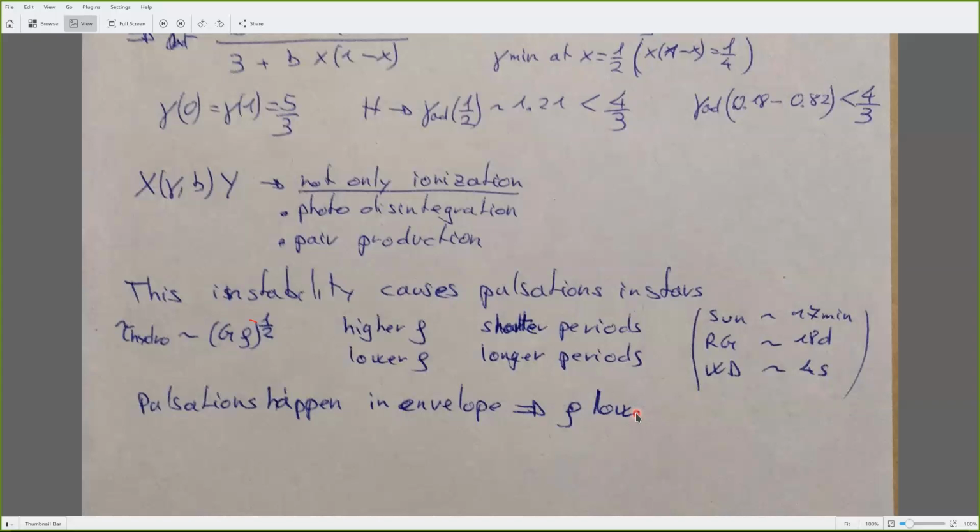And this is because, as we said before, it's due to the ionization in the envelope. So where the density is lower, we have a longer period than the global density of the star.